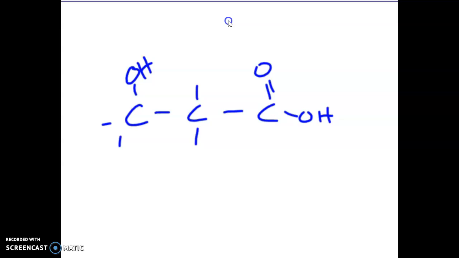Okay, so first time seeing that. So that means this is my carbon 1, 2, 3. So here we have propanoic acid, because there are 3 carbons in this longest chain. And on carbon number 3, we have an OH group.